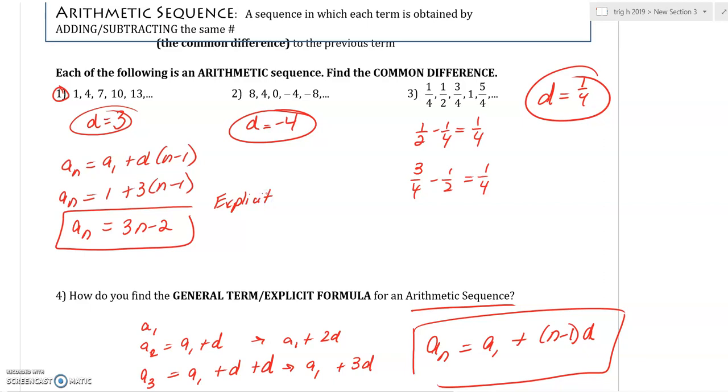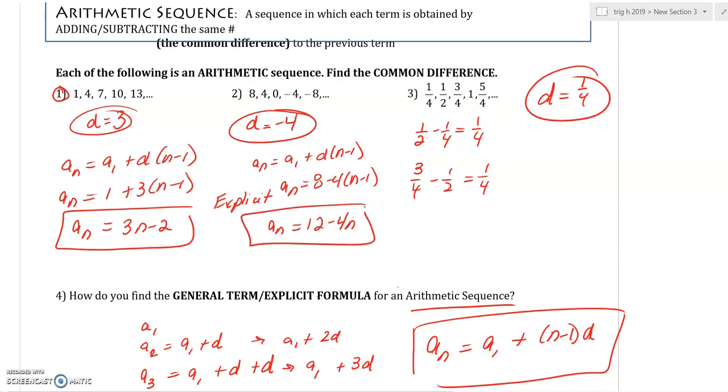Go ahead and pause the video and find explicit formulas for number 2. Okay, so hopefully you got number 2 as a sub n equals 12 minus 4n.